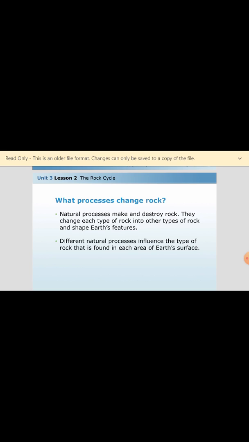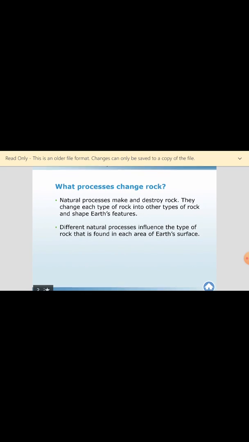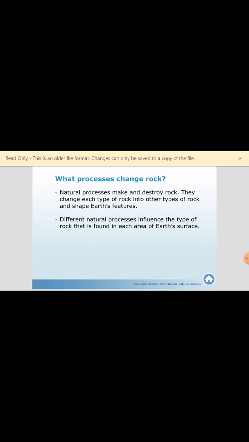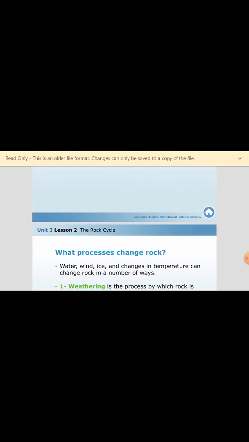These long periods of time can change the earth. How? By some very important natural processes. What are these natural processes that can destroy, change, rearrange and reform the rocks?